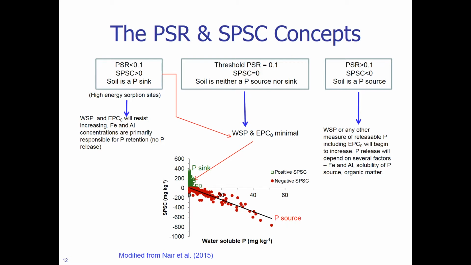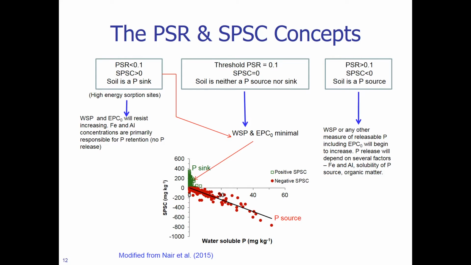Now, an overview of the PSR and SPSC concepts. Let us start with the threshold PSR of 0.1, or when SPSC equals 0, the soil is neither a P source nor a P sink, and this is the block that you note in the center of the slide. To the left, you have the PSR, where it is less than 0.1.